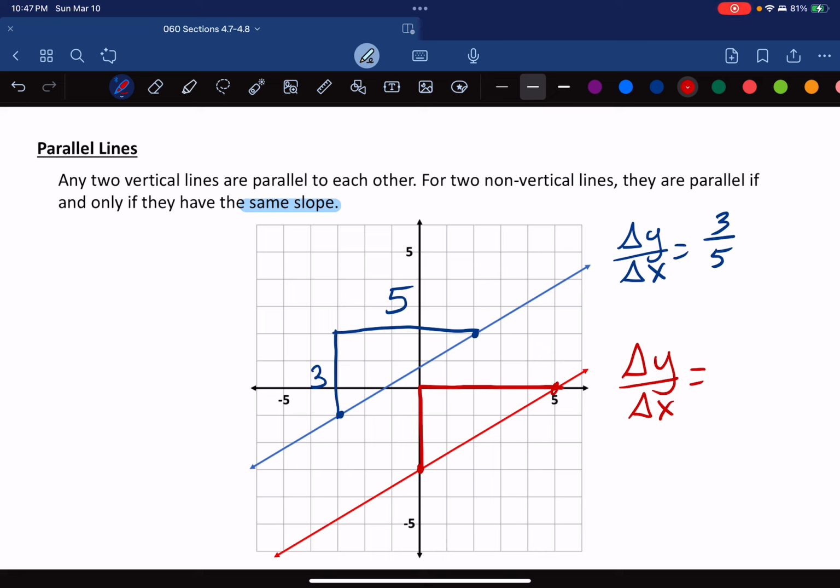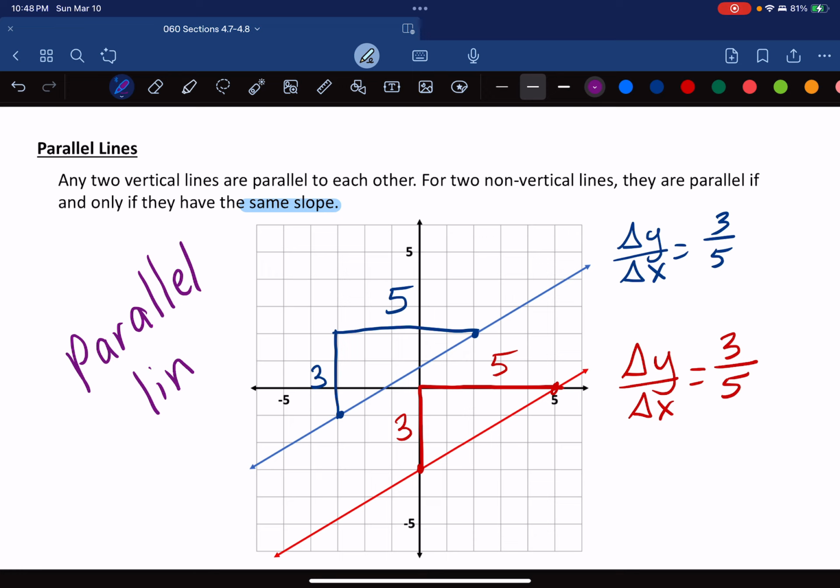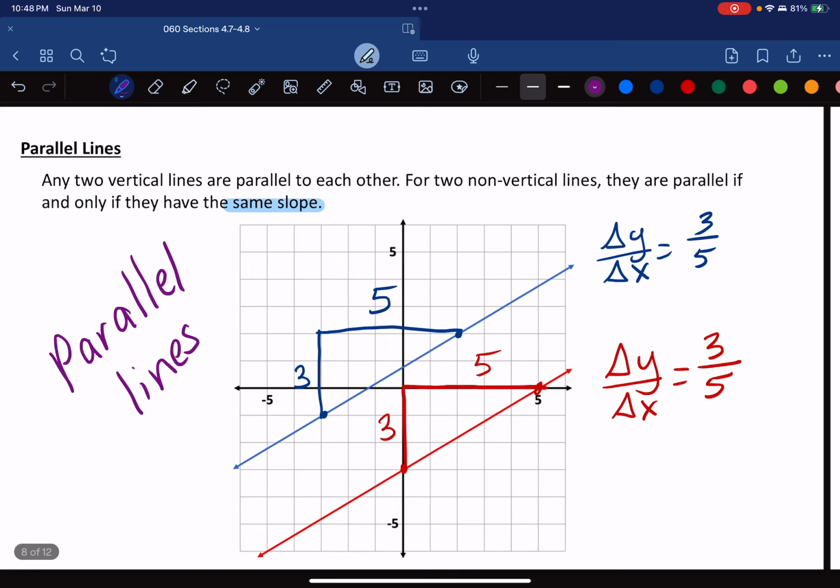And for my red line, we're going to go up 1, 2, 3 and right 1, 2, 3, 4, 5, making my slope 3 over 5. They are the same slope. Both of them are 3 over 5, which means these lines are indeed parallel lines. What about perpendicular lines?